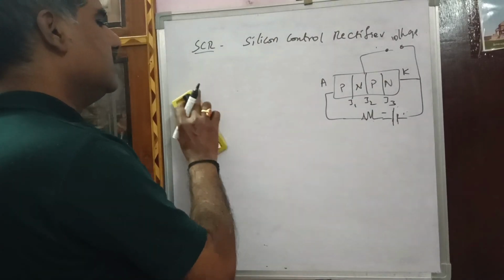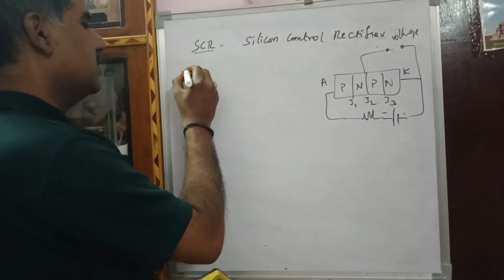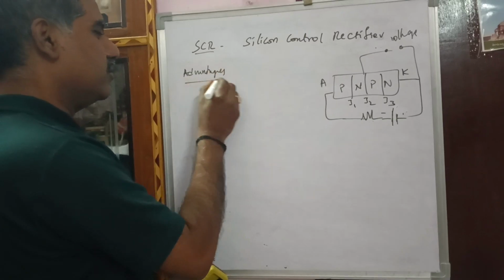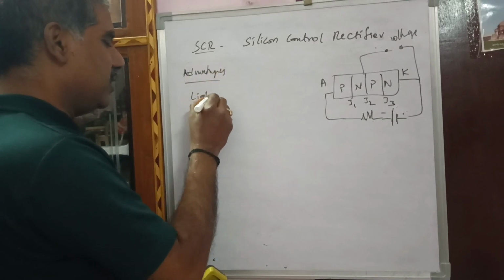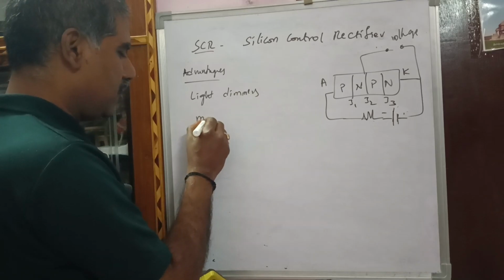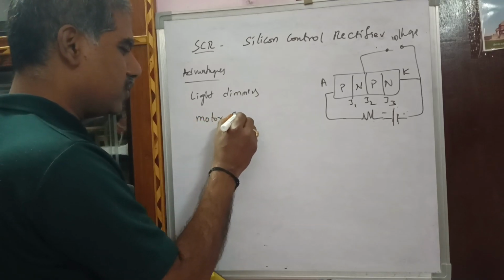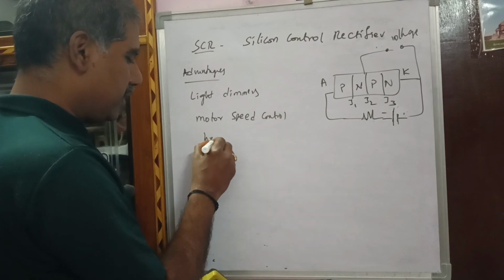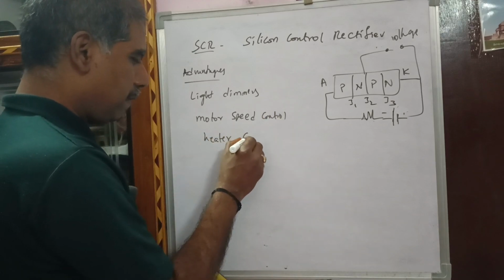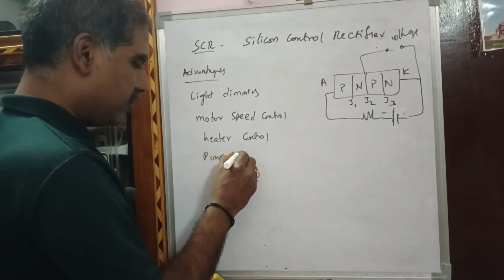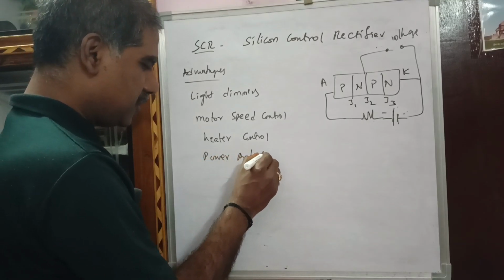Next, the advantages of the SCR. It may be used in different applications like light dimmers, motor speed controls, heater controls, as well as power protection circuits.